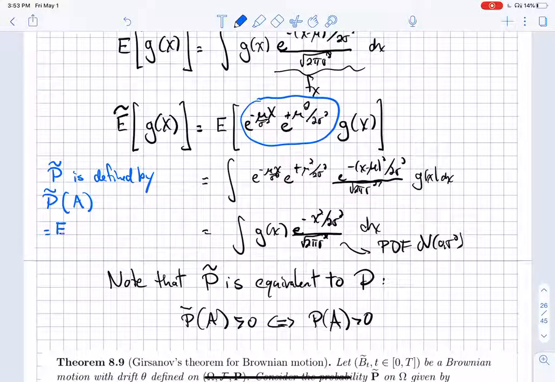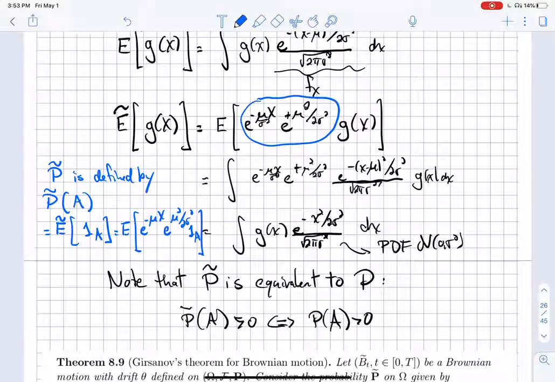Well, probability is always the expectation of an indicator function. So it's the expectation where I introduce the factor e to the minus mu x, e to the mu squared over sigma square, times the indicator function.